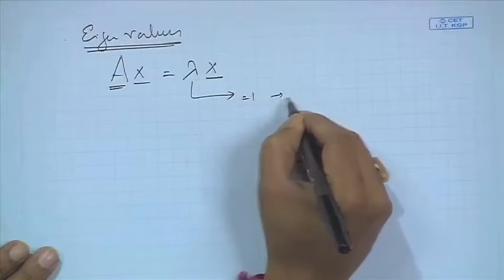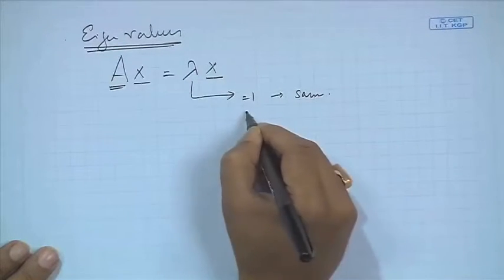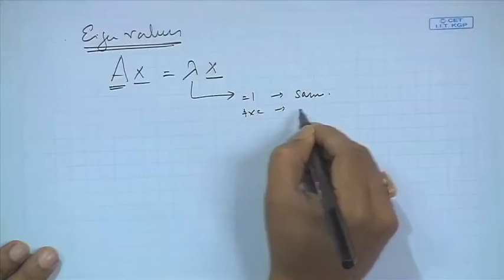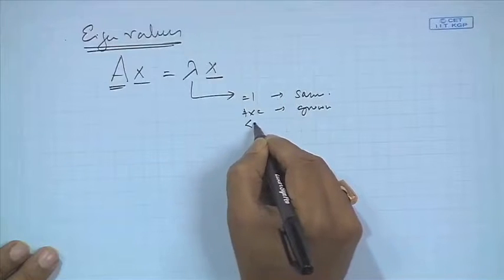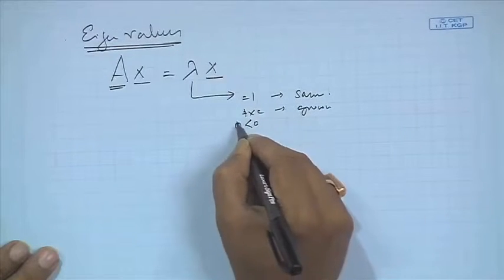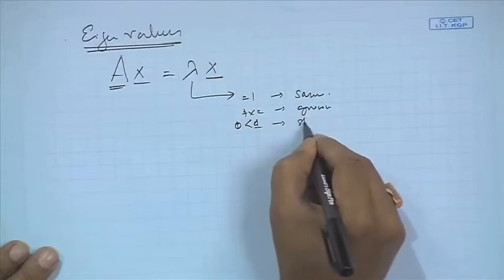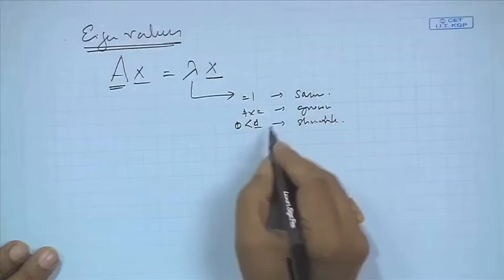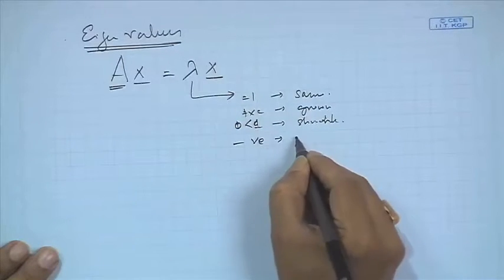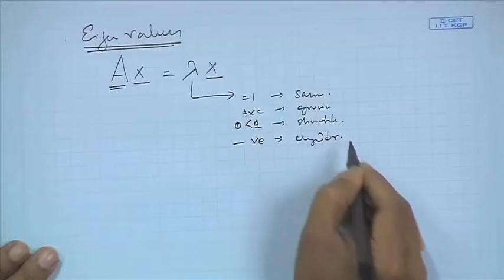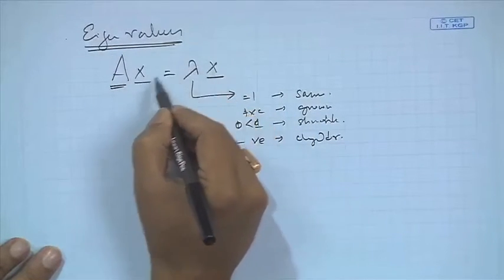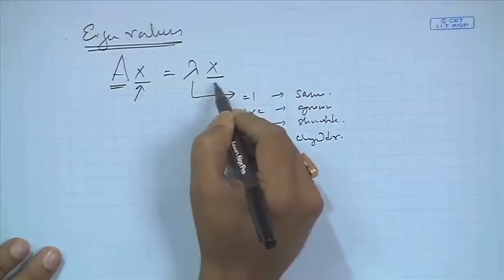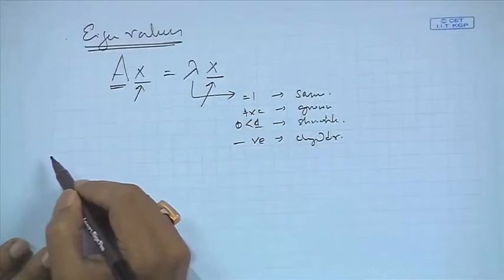If it is equal to 1, there is no change. If it is positive and greater than 1, it has grown. If it is between 0 and 1, then it has shrunk, right. If it is negative, that means it has changed direction. These vectors, these x's, are known as eigenvectors.